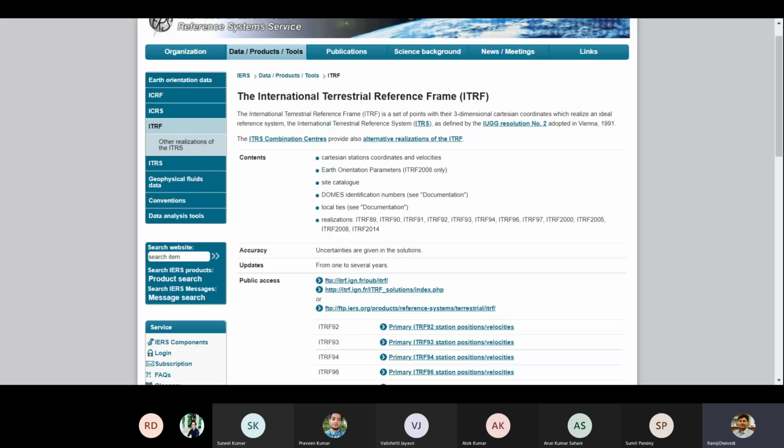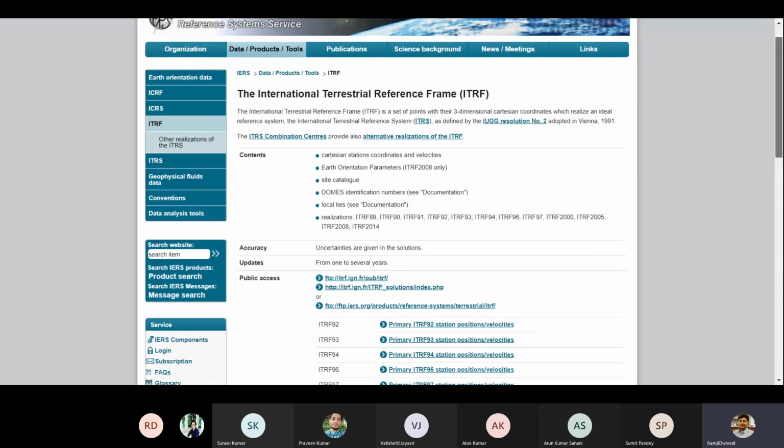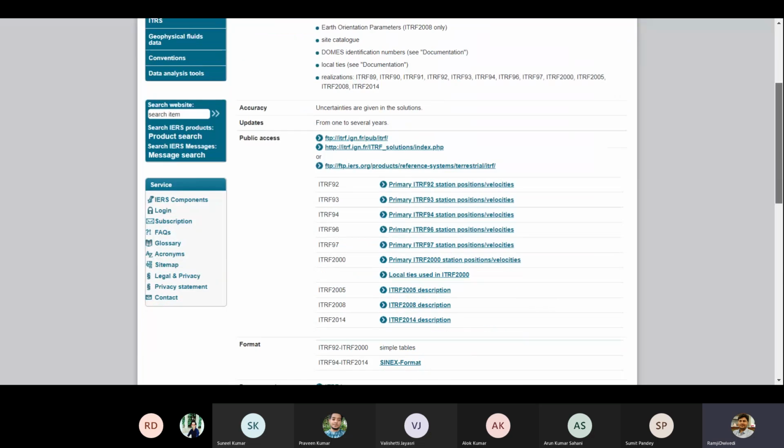At present, it is working in ITRF 2008. The previous versions are 91, 92, 93, 94, 96, 97, 2000, 2005, 2008, and 2014. So these kinds of frame information are available.